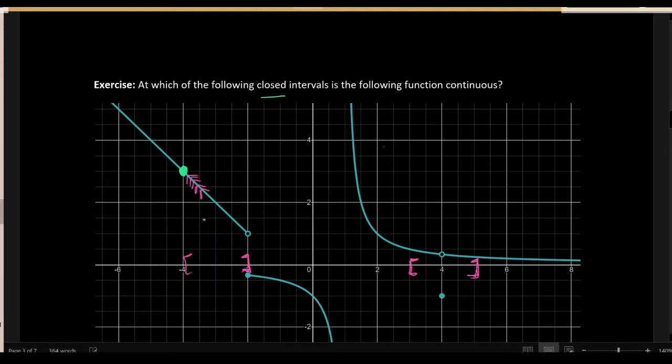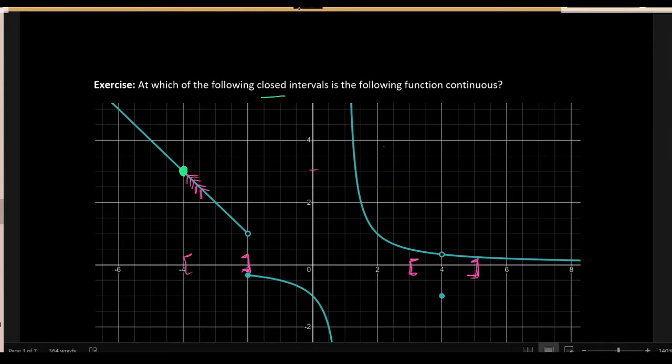But notice that if we approach -4 from within the interval, from the right side, then that limit is equal to, looks like 3, and the function's value is also equal to 3, because there is no hole in the graph here at -4 that might cause any problems.